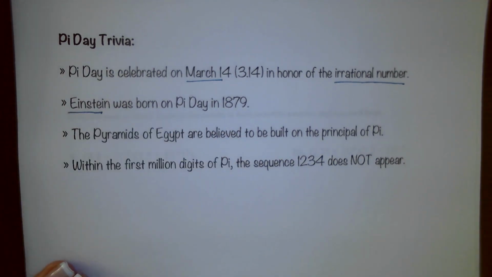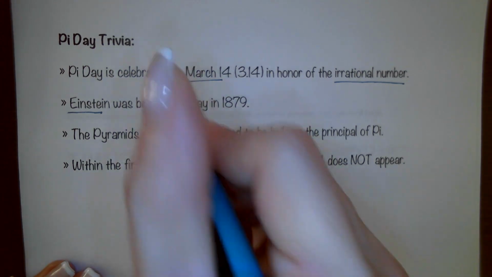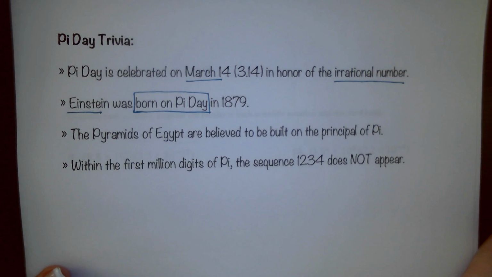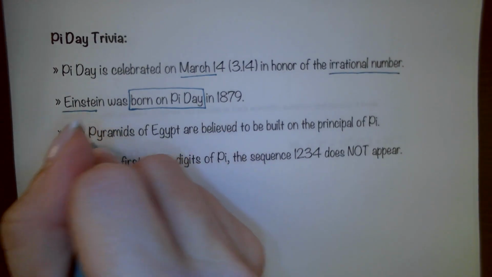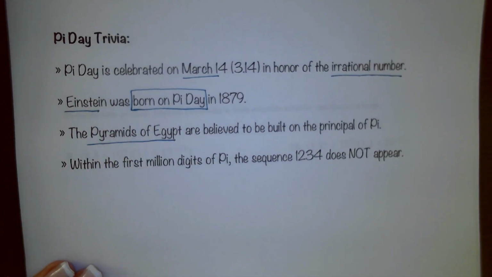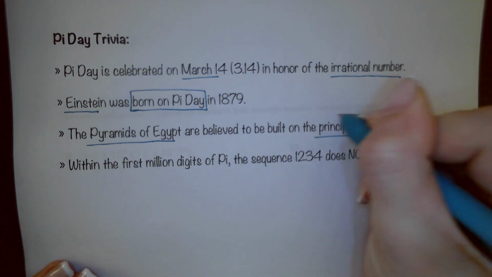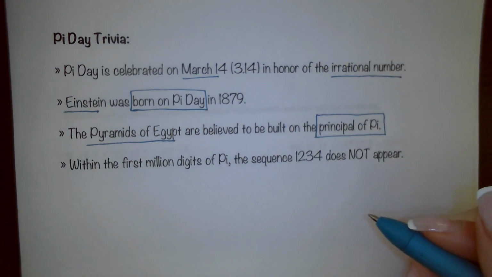Einstein was the mathematician and physicist who was born on Pi Day. How perfect. In 1879. The pyramids of Egypt, even though not circular, which is what pi is typically referring to, they are believed to have been built on the principle of pi, which we find pretty fascinating.